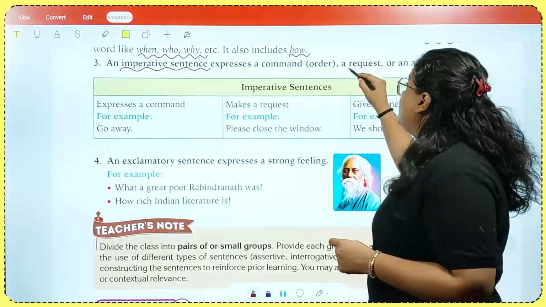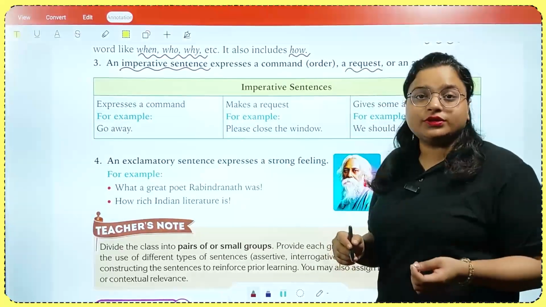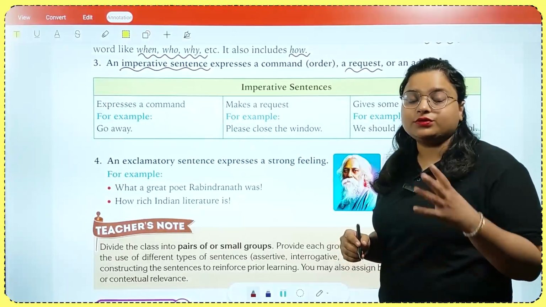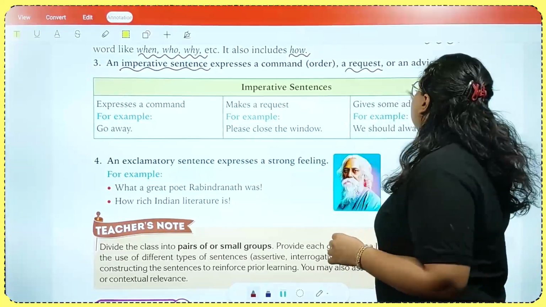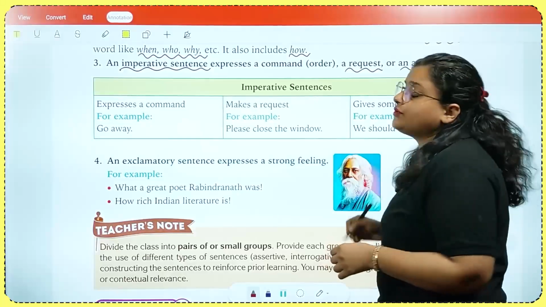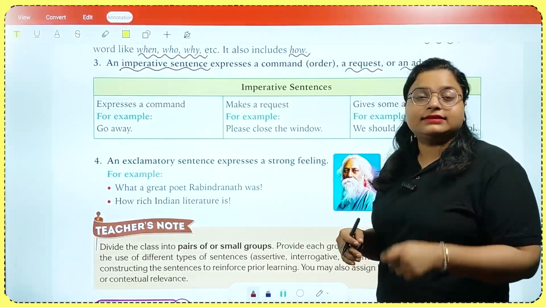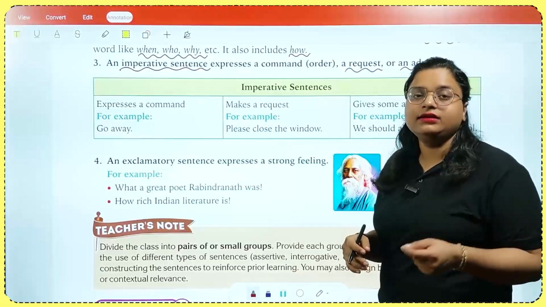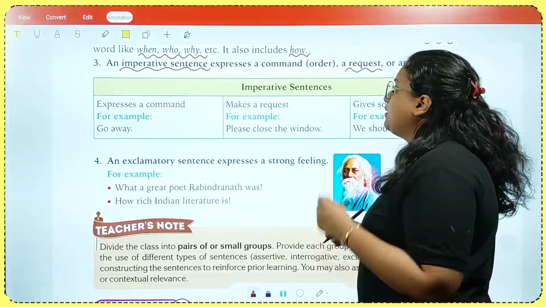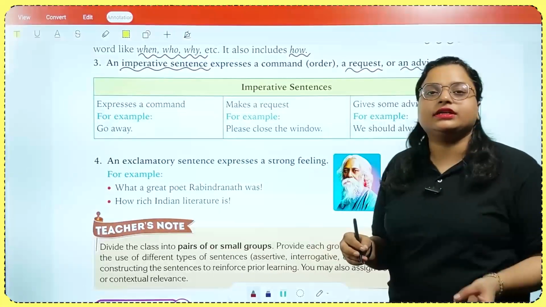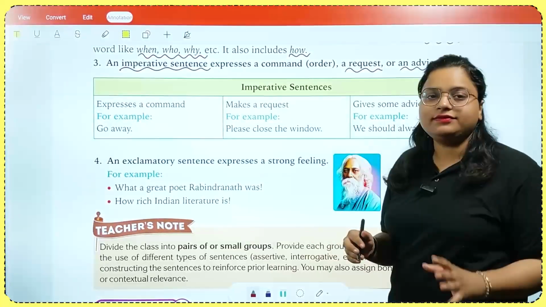And then it can be a request. Kindly go to school daily. So अगर मैं ये बोलती हूँ तो ये एक रिक्वेस्ट है। Then it can be an advice also. When I say you should go to school daily, this is an advice. Na? So when we are talking about any command, request or advice, it is an imperative sentence.